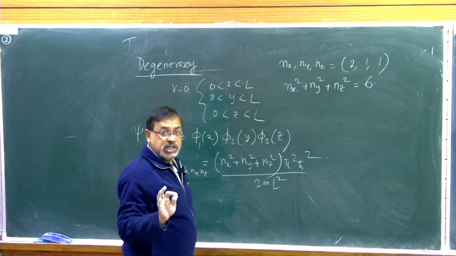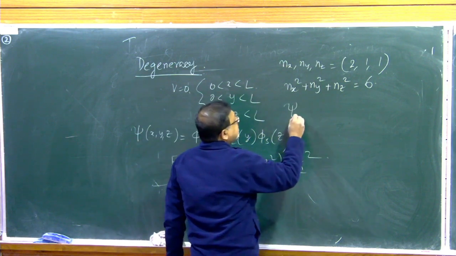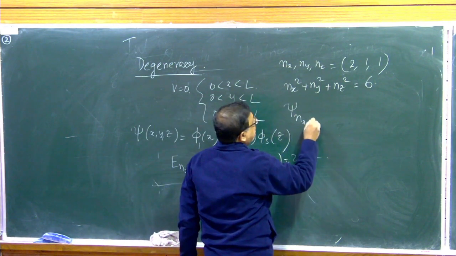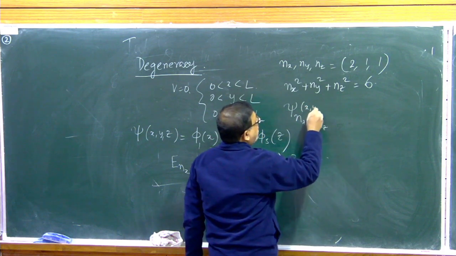But the wave functions are different. Why? Because the wave function psi nx, ny, nz is a function of x, y, z.